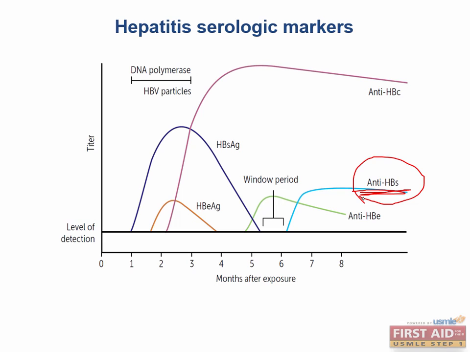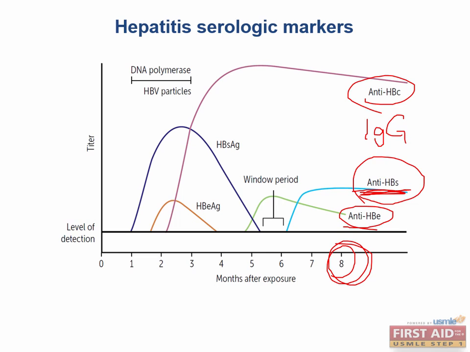So now at 8 months post-exposure, the patient has detectable levels of antibodies against the surface antigen, the excited antigen or the E antigen, as well as the core antigen. Would these antibodies to the core antigen likely be IgG or IgM? At this point, it's likely that they would be IgG antibodies.